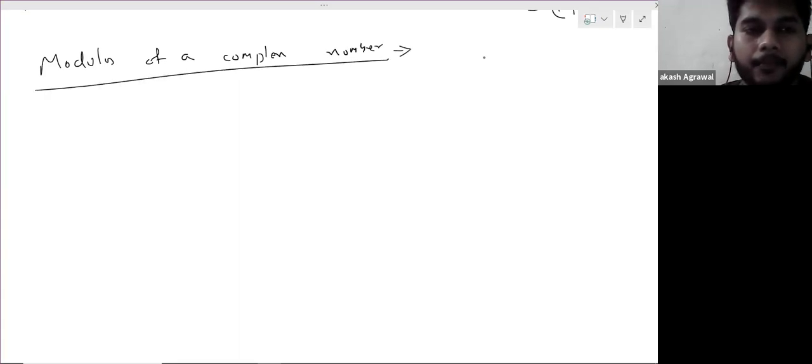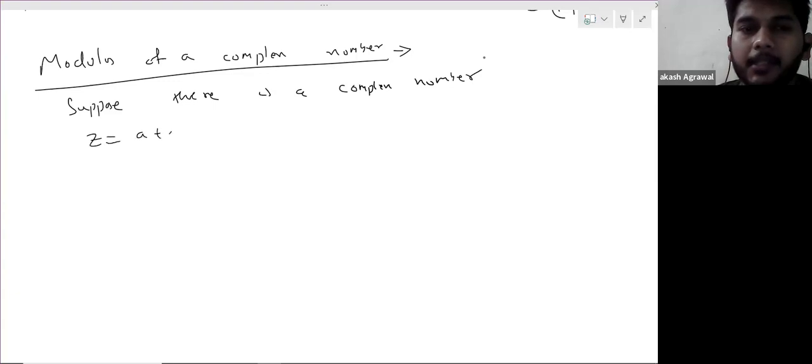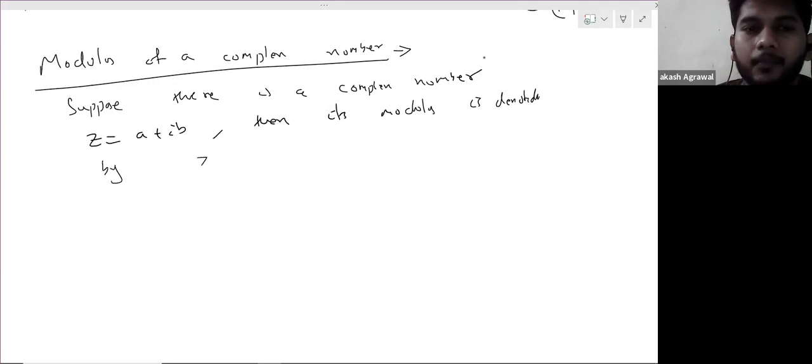Suppose there is a complex number z equals a plus ib, then its modulus is denoted by mod z, and that is equal to the square root of a square plus b square.